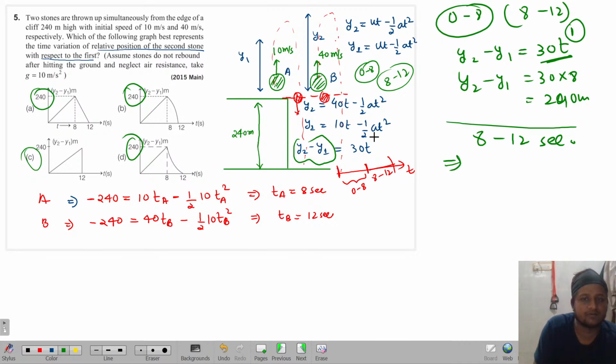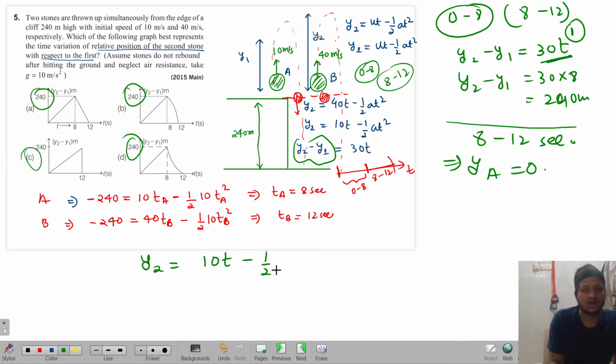In 8 to 12 second, what is happening? The displacement of ball A is going to be equal to how much? 0. So displacement of B, Y2, is going to follow which equation? It is going to be equal to 10t minus half at square. What you are observing is that Y2 is following a parabolic equation after that.